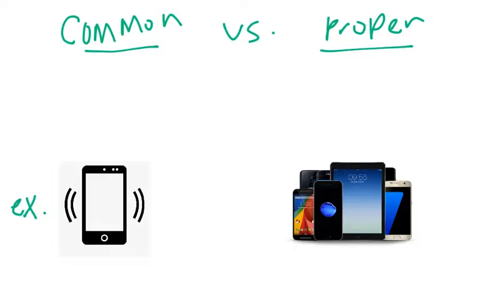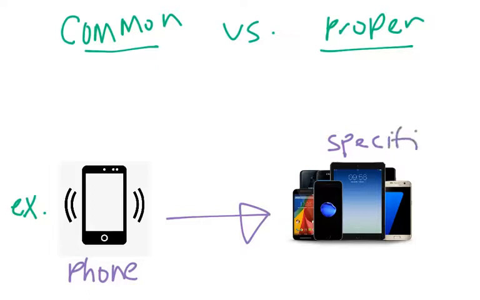Right here we see a generic phone. This could refer to any type of phone. When we look at it, it's just a phone. But over here, we see phones, but we see more specific phones. Another word for proper would mean specific. And another name for common nouns would be generic, meaning they aren't really classified as specific or having detail.